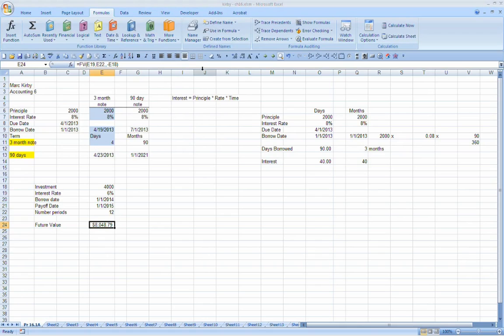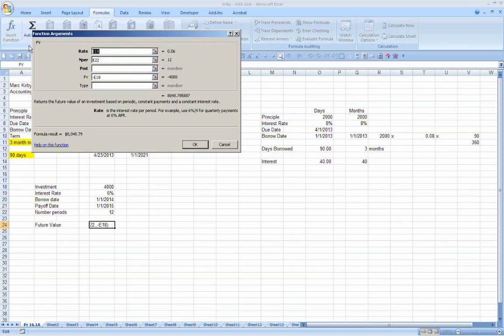So at this point we should all be asking, where do we go make this investment? Because if we can take $4,000 and first off get a 6% interest rate on it, and turn it into $8,000, well, that's doubling. So we should all be stopping and going, I sense a problem here, and I'll tell you what it is. I'm going to go back into the function wizard.